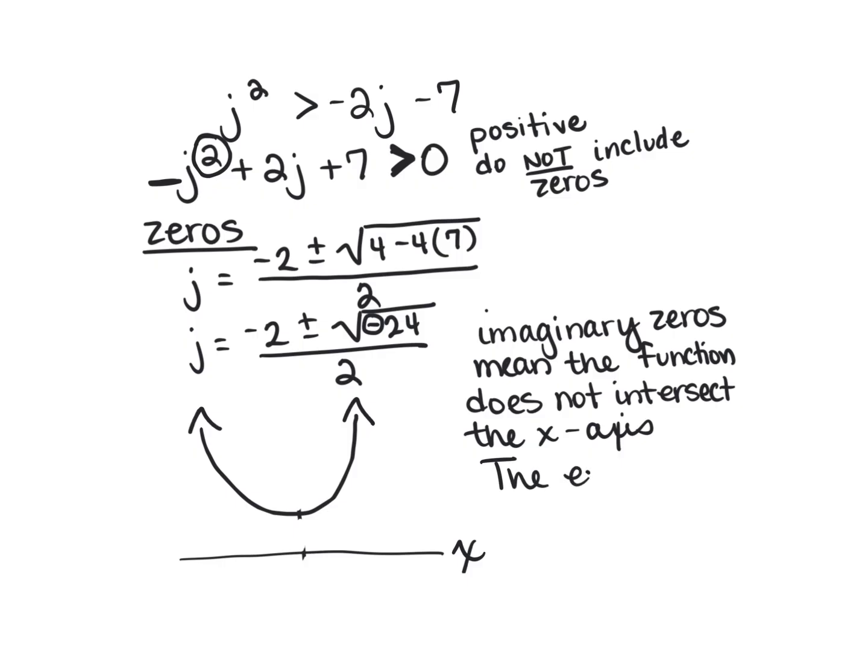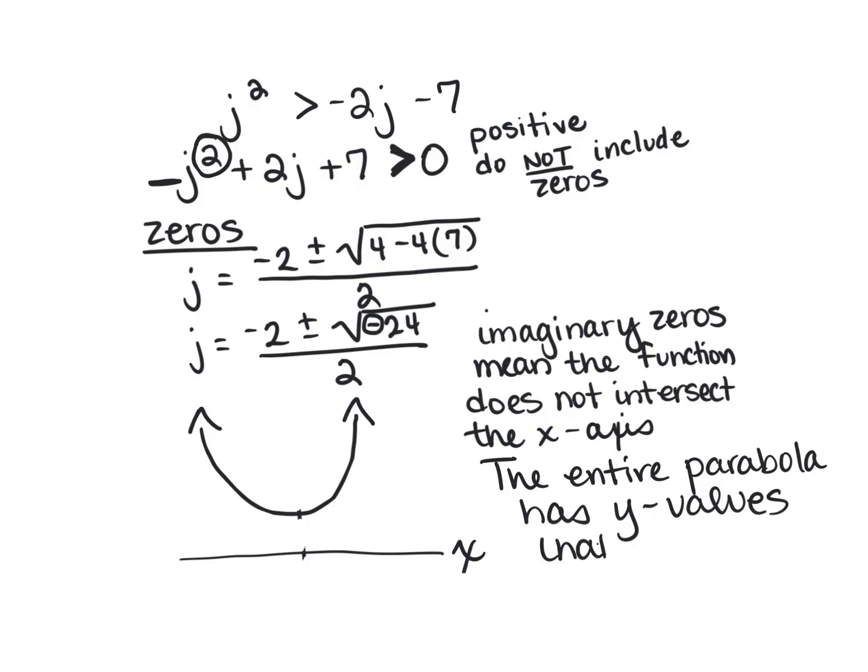The entire parabola has y values that are positive. So this means that the solution set is from negative infinity to positive infinity.